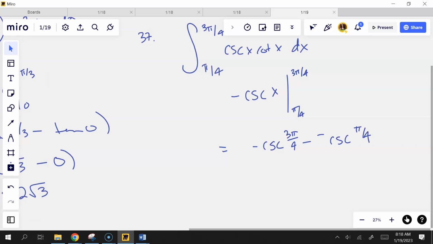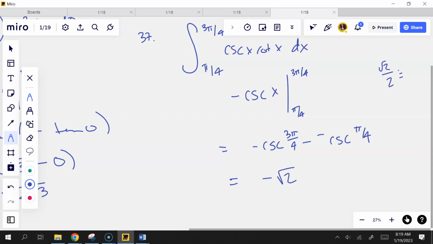Cosecant is 1 over sine, so what's the sine of 3 pi over 4? So if I flip that, square root of 2 over 2 flipped would be 2 over square root of 2 multiplied by root 2, square root of 2, right?